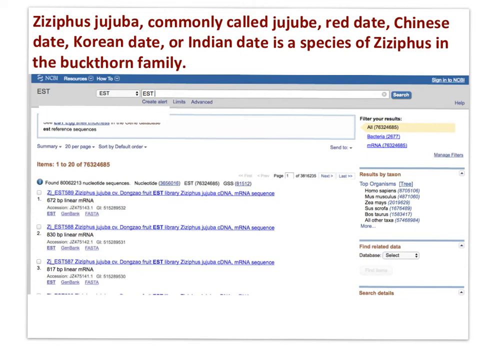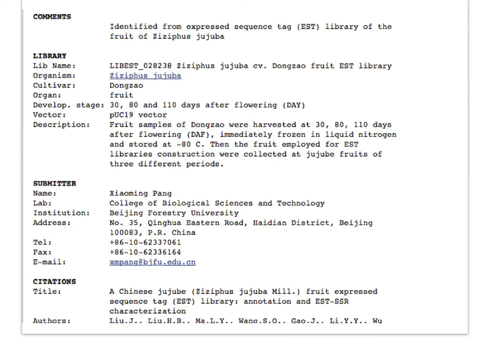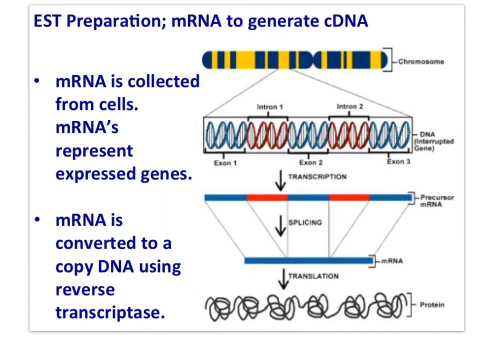Notice that these ESTs for Ziziphus jujuba are approximately 800 base pairs in length. As I drill down a bit, notice that one of the Ziziphus jujuba ESTs was submitted to GenBank from a scientist in China. ESTs are copy DNA molecules, short sequences made from mRNA.